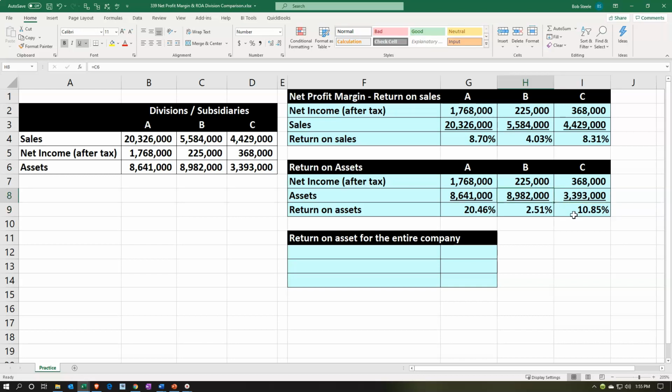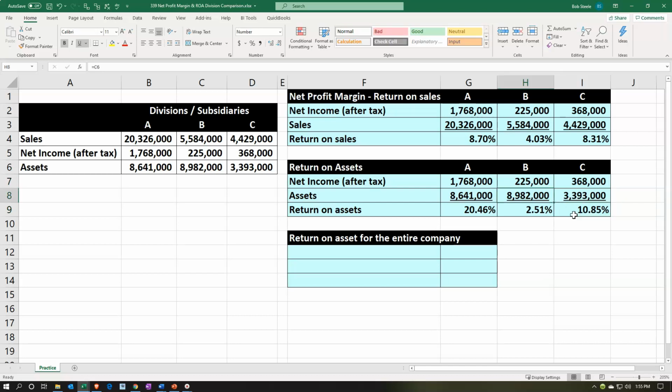So it looks like we're allocating a lot of assets to B, and they're not generating as high of a return there. So if you start to look at this, you might be saying, well, okay, why is B not generating the high return? Would it be possible that we can take some assets from B and let them keep rolling along and give them to C, and would that increase C's return? I mean, if they had more assets, would they be able to increase their net income so that their return on assets remains the same, but we reallocate some assets over here?